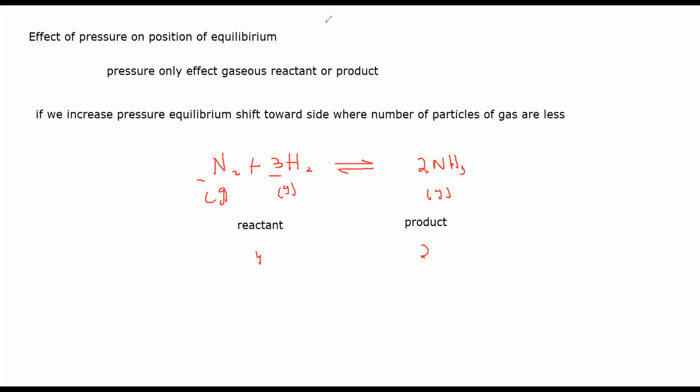For example, you have a container, and this is the original position of the piston.